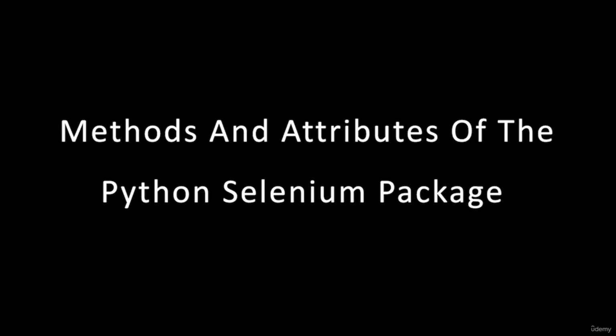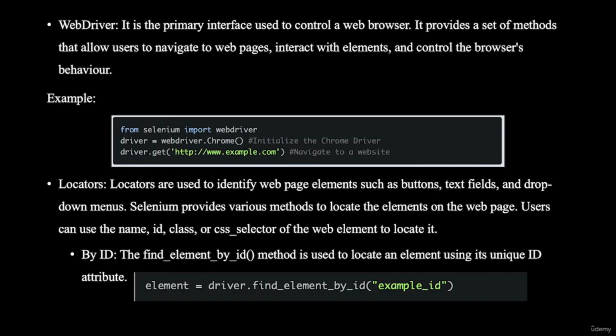We'd also have find element by name, by class name, by tag name, by link text, partial link text, and those are just a few of the most common ones that you'll be seeing in this section. We also have the actions and the attribute chains.